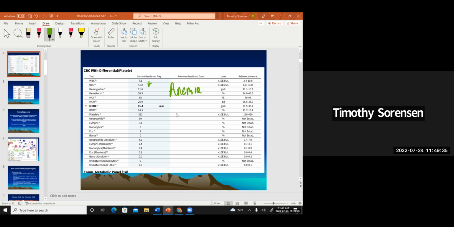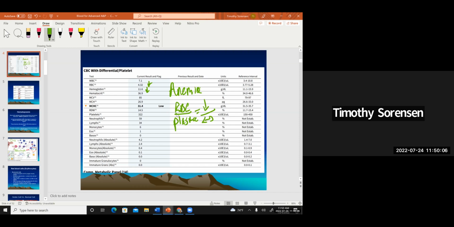You will have typically a lower than normal hemoglobin, not always, but typically. And then a hematocrit, which will be lower than normal, because remember, hematocrit is the ratio of red blood cells to plasma, right? And if you're losing red blood cells for whatever reason, then that number is going to be lower. And assuming that the plasma stays the same, that's going to lower your hematocrit.